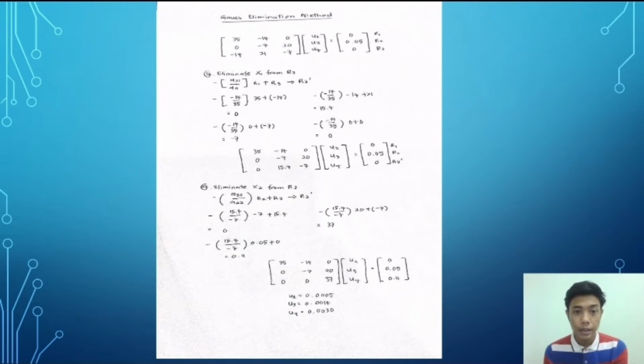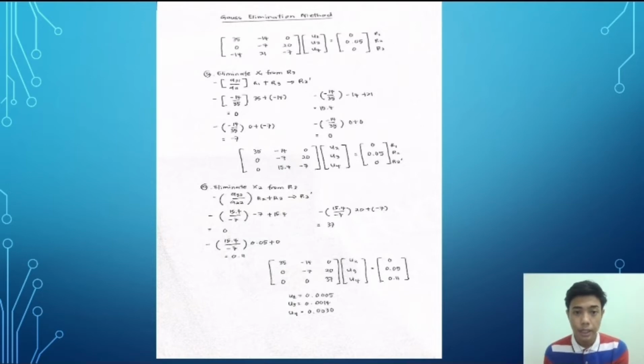So from that, we use the elimination method. For step 1, we eliminate x1 from R3. So the formula we use is A31 over A11 R1 plus R3. So we insert the value of A31, which is negative 14 over 35, 35 plus negative 14.